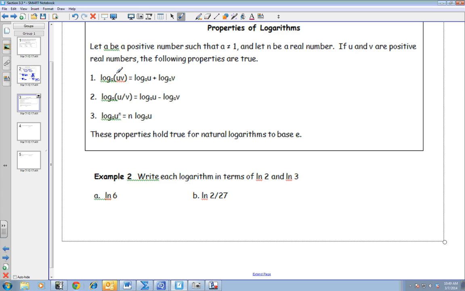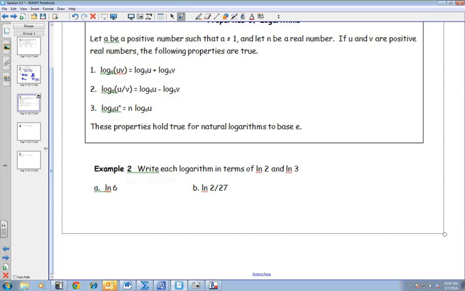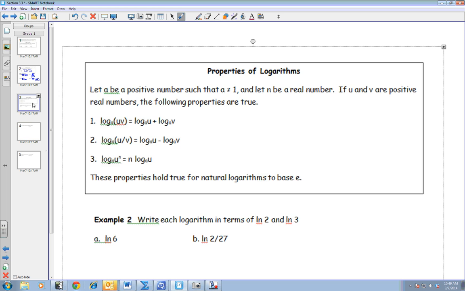So this is the same thing as log base A of u plus log base A of v. A division problem can be rewritten as a subtraction problem. And anytime I have an exponent, I can rewrite that and bring the exponent out in front. Okay, so I'm going to show you what those look like.